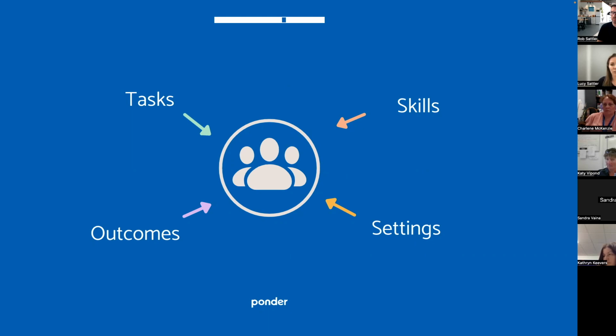So we have informers. Their skill set for an informer is usually around this deep knowledge about a topic, whether that's anything from the law or accounting through to diving, if they're a diving instructor. And they've also got great communication skills, because to be an informer and help other people, you've got to have that ability to talk and to communicate and share your knowledge with someone else.